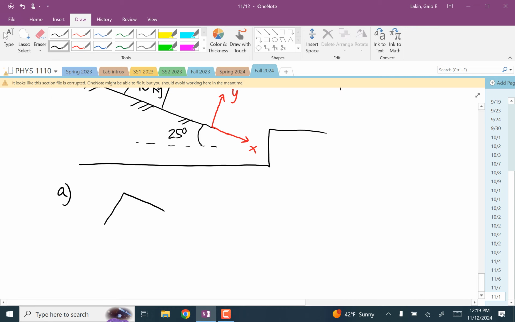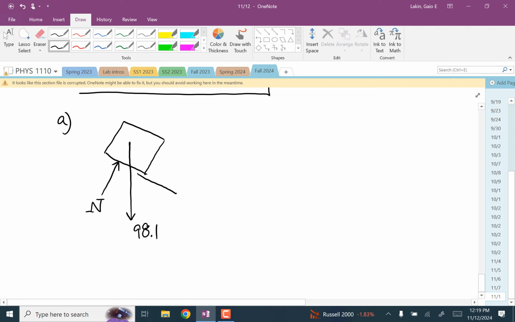There's a free body diagram of the block. There's a weight acting down of 10 times 9.81. There's a normal force perpendicular to the surface. And then the friction force is opposite the direction that this thing is moving. So the friction force is this way. And that's 0.3 times that normal force N.